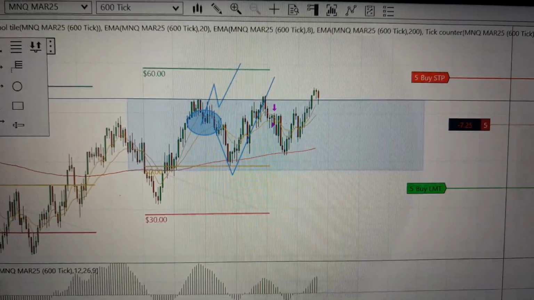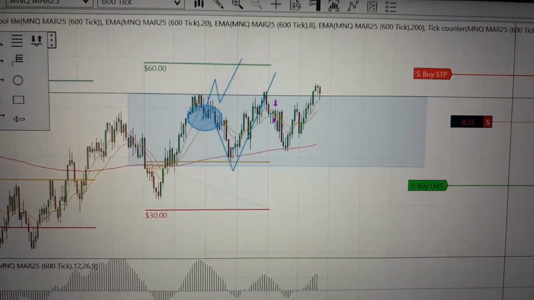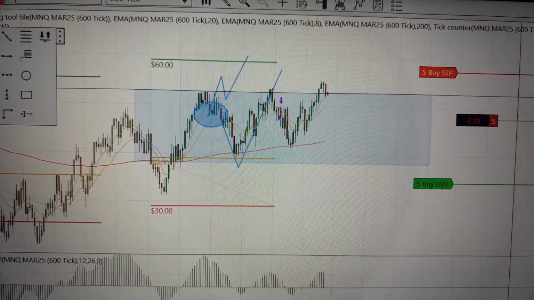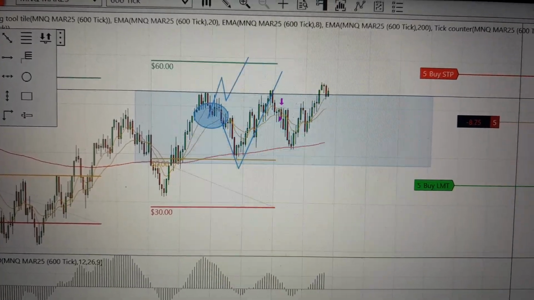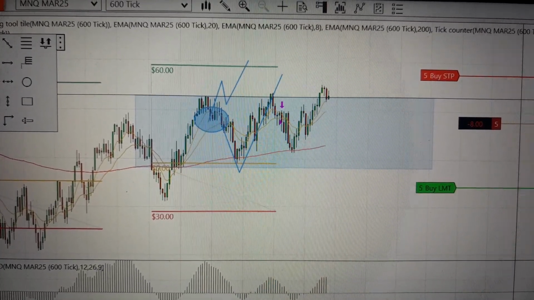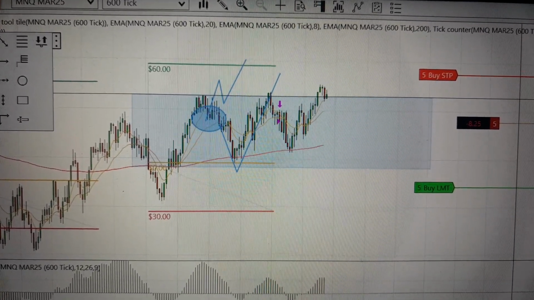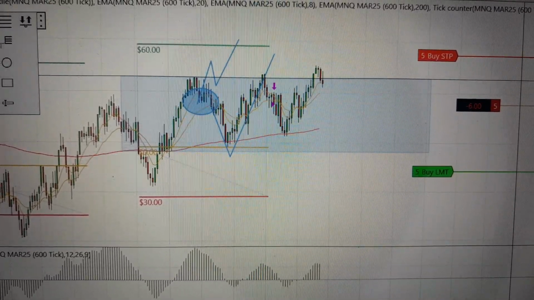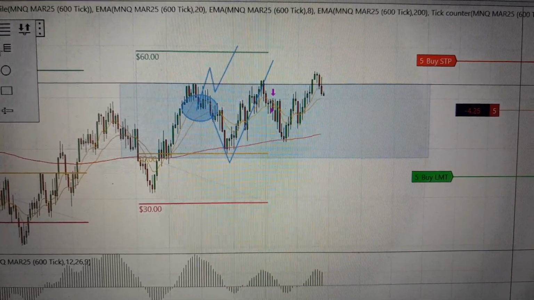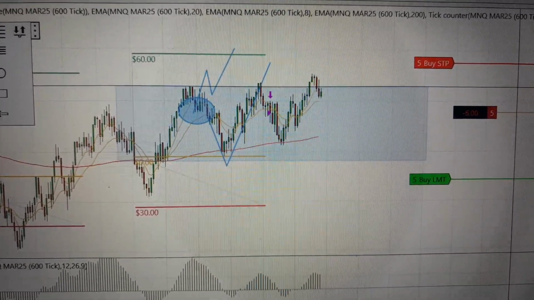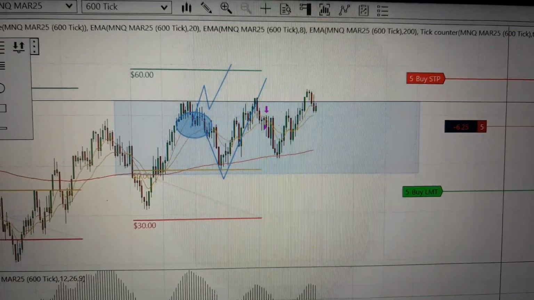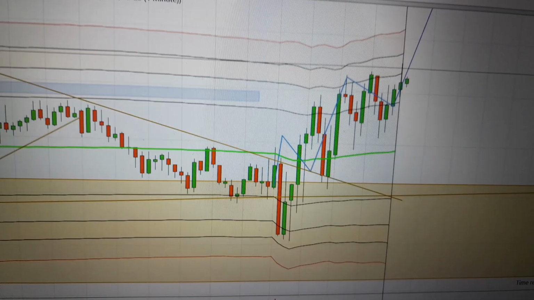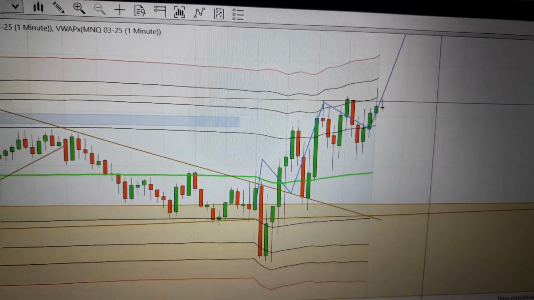There it's showing on 1 minute very bullish trend. It doesn't look like it's gonna come down and break it anytime soon. Well, there's a rejection candle here that it left. So that's a good sign.